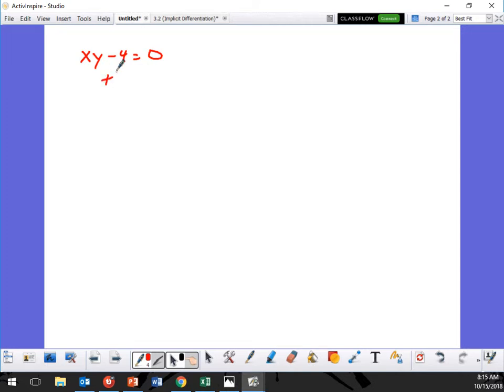Add 4. So xy equals 4. How would I get that y by itself? I would divide by x. So y equals 4 over x.